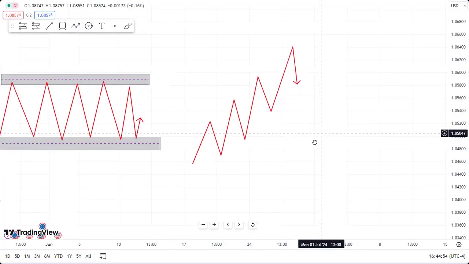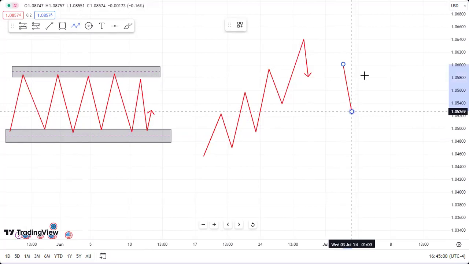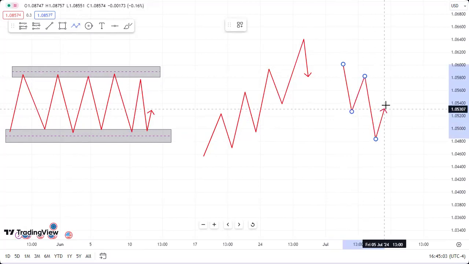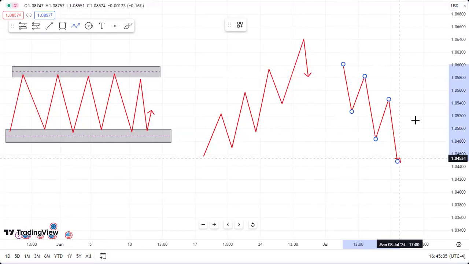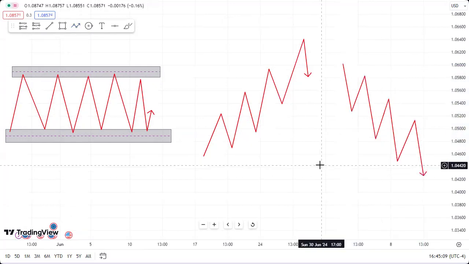And the third type of trend we have is what we call a downtrend, which moves in the form of lower low, lower high, lower low, lower high. So these are the three types of trends we have in the forex market.